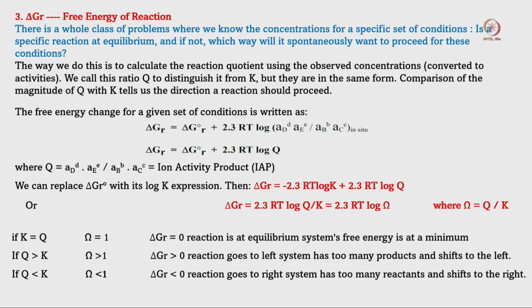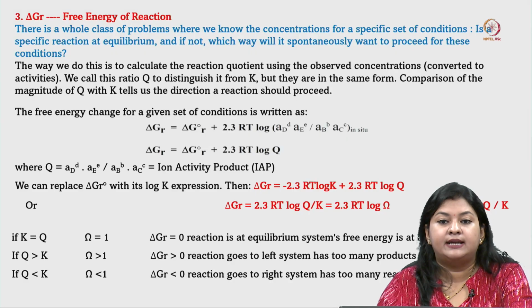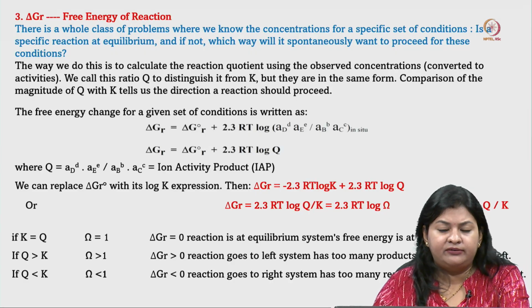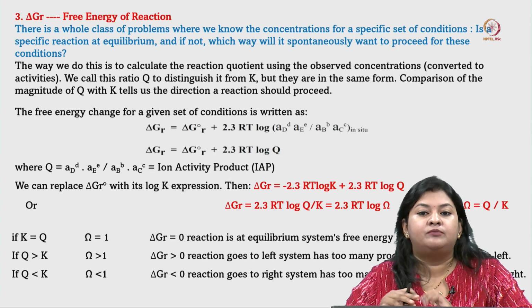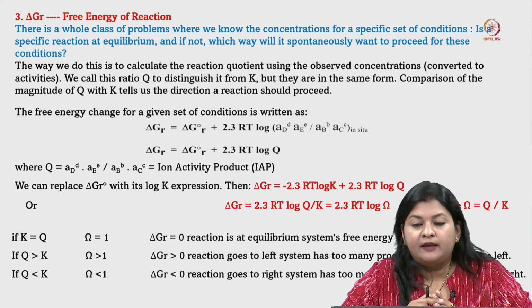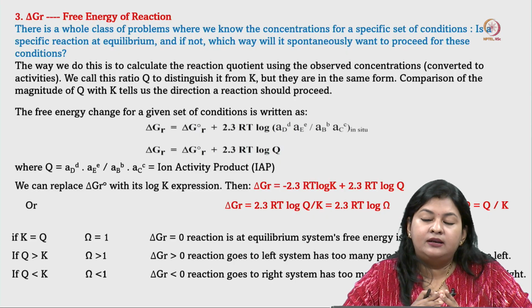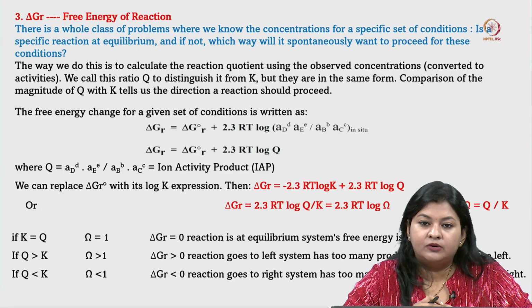Now, that was the standard state. Now, you are going to move towards any other condition which is not at the standard state, that is, not at 25 degrees Celsius and not at 1 atmospheric pressure. Most of the time, if you are doing any chemical oceanography, then your pressure is not 1 atmospheric pressure.